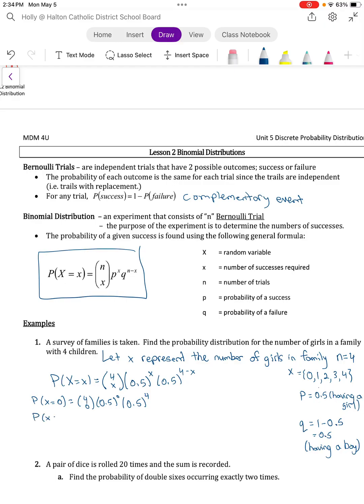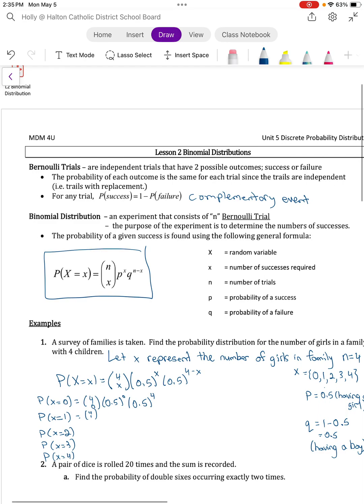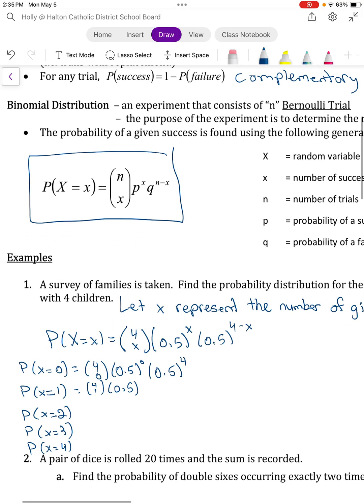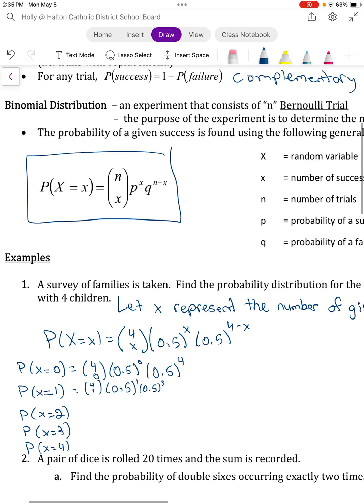We're going to do it for x equals 1, 2, 3, and 4. It takes a bit of time just to put in our work here. And then 0.5, 4 minus 1 would be 3. And then you'll do some calculator work to figure out your answers.